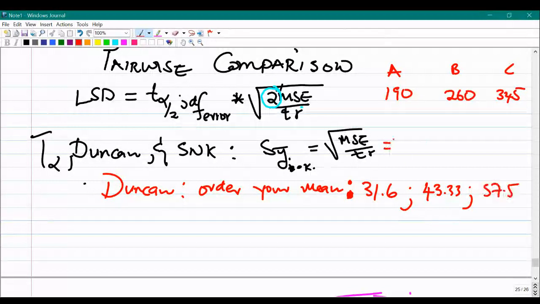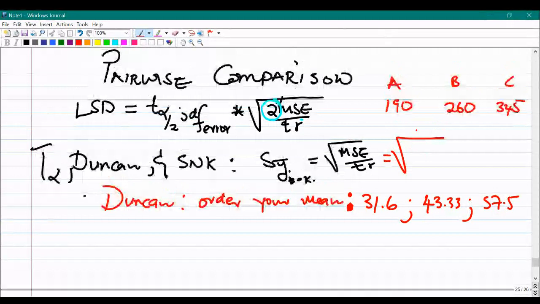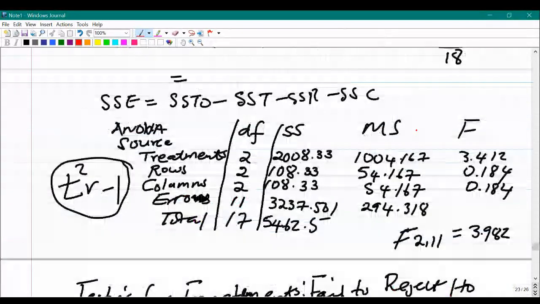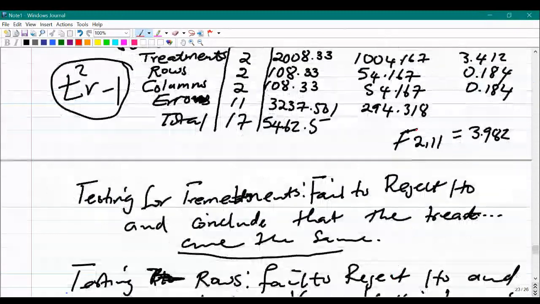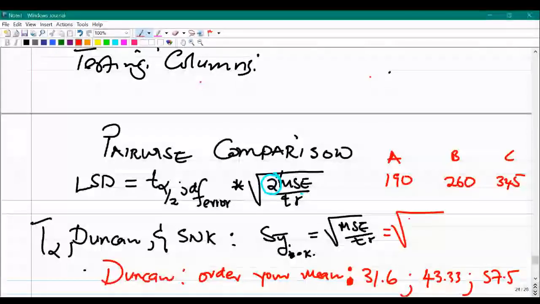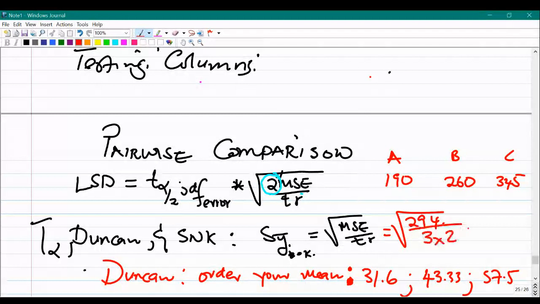Give me the standard error. What is the error from the ANOVA? 294.318. 294 point something divided by 3 treatments multiplied by 2.